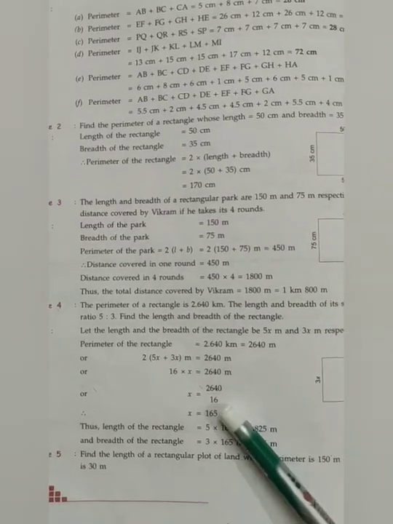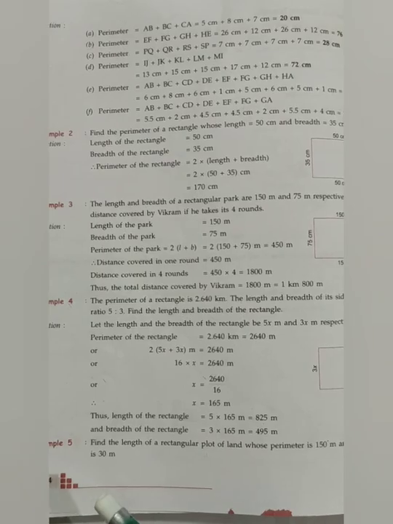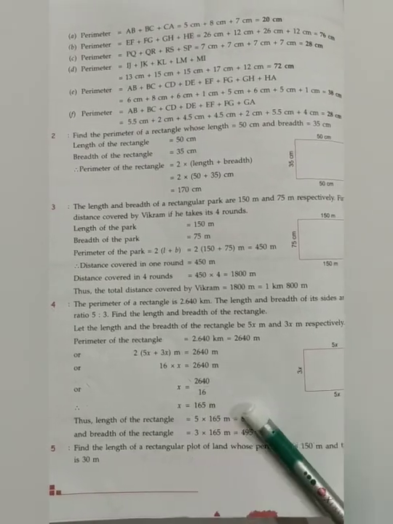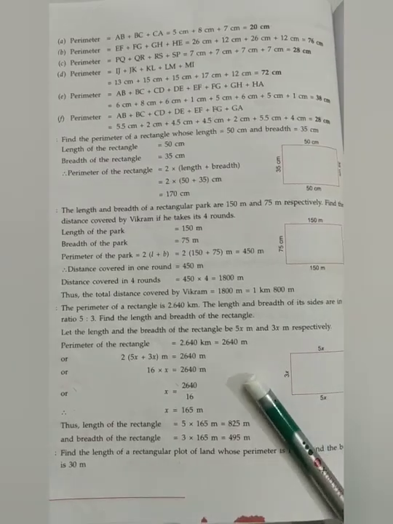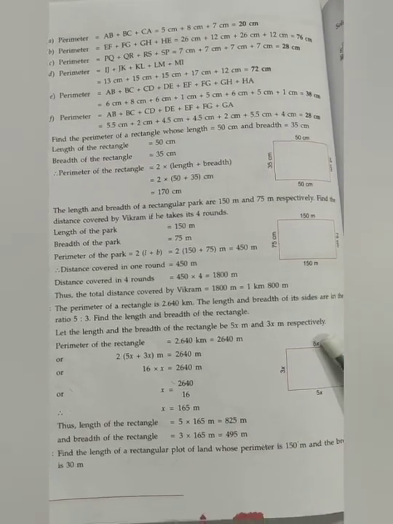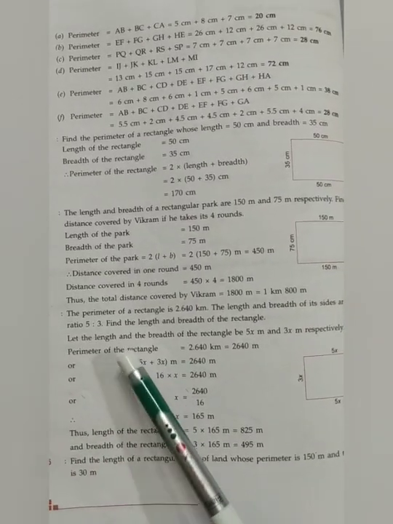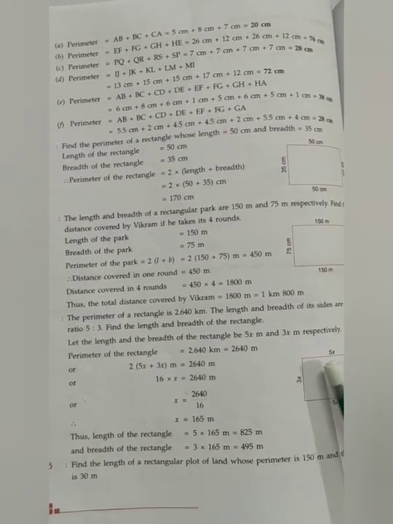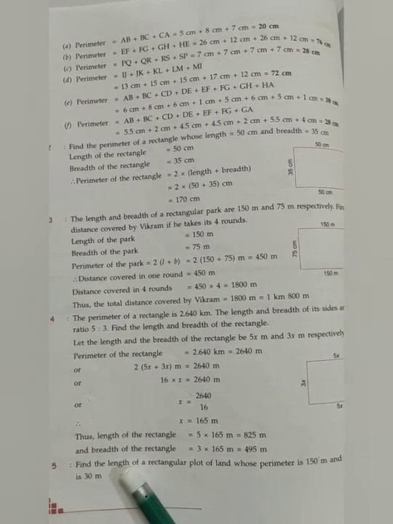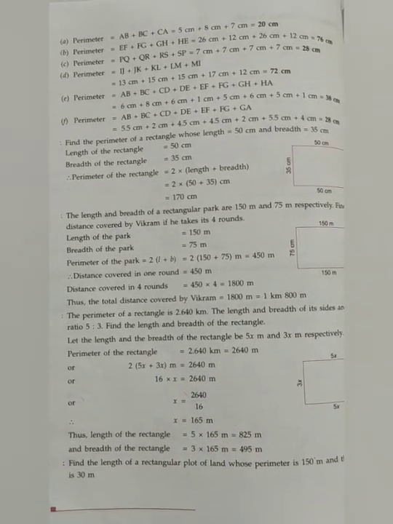Okay. Then example 4. The perimeter of a rectangle is 2.640 kilometer. The length and breadth of its sides are in the ratio 5:3. Okay, here length and breadth are given but in ratio format. Find the length and breadth of the rectangle.